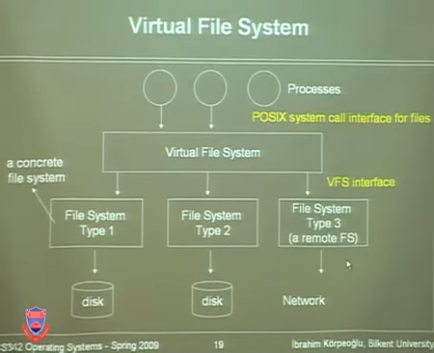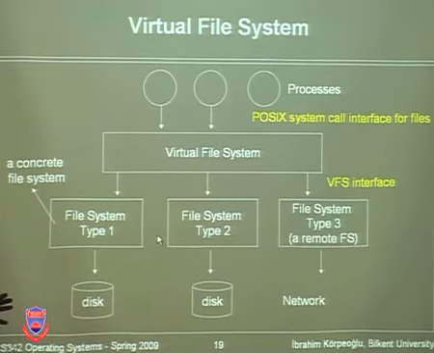So the implementation of those different types of file systems has to be there in the operating system, okay? So what can be done? If those file systems have specific interfaces, it is not very convenient for a process or a user to know the specific interface of each of these file systems, okay?